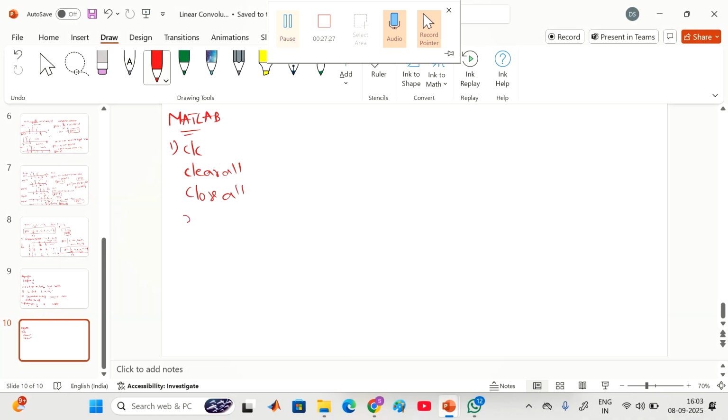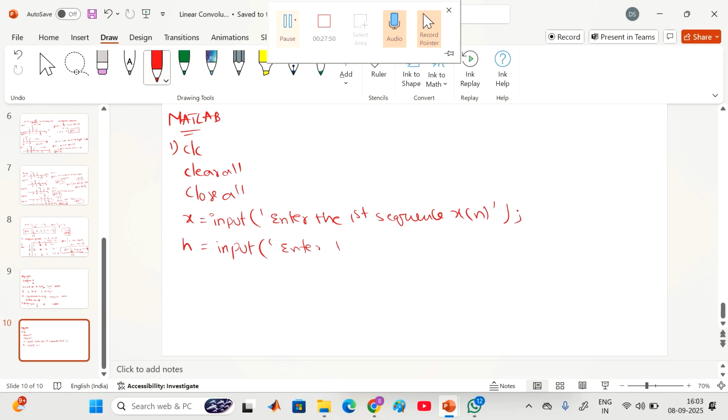Then X is equal to, so here we are representing it as a variable, input, enter the first sequence. H is equal to, again the same, input, enter the second sequence, H of n.